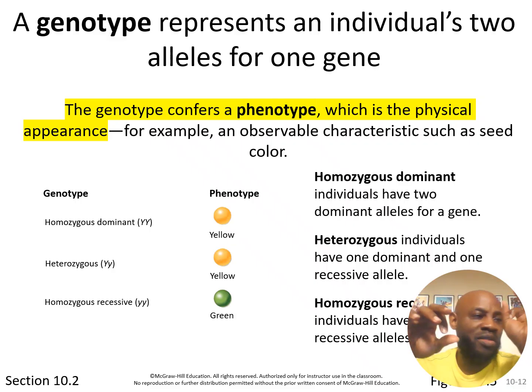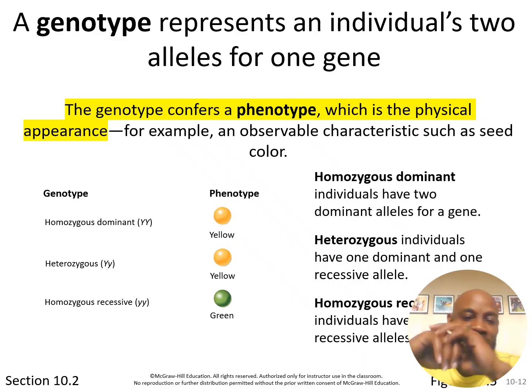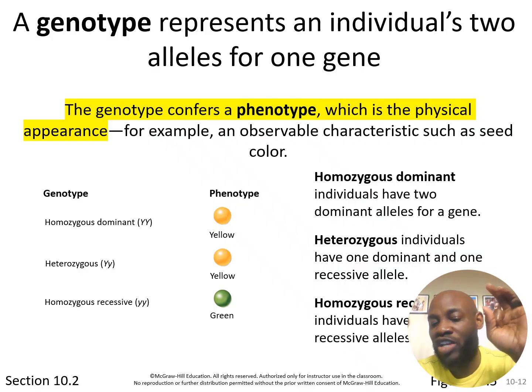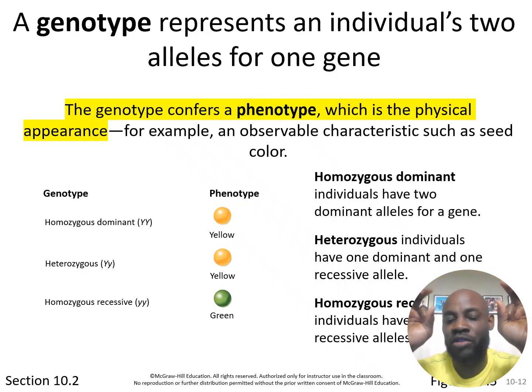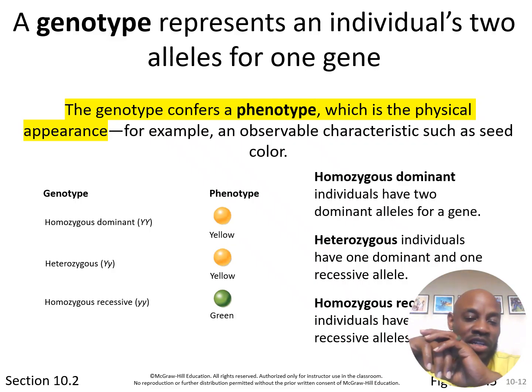If mom gives me a dominant Y and dad gives me a dominant Y, then the child will be dominant Y, yellow. Mom gives me a dominant Y and dad gives me a recessive Y, a different version, a different allele, then because of the dominance of the yellow allele, the seed will still be yellow.